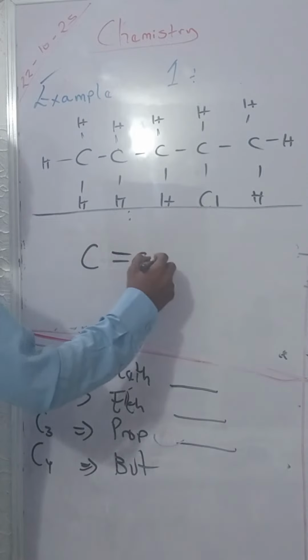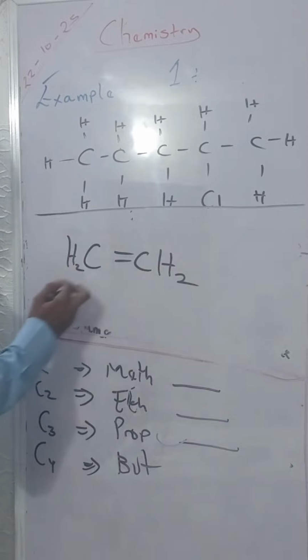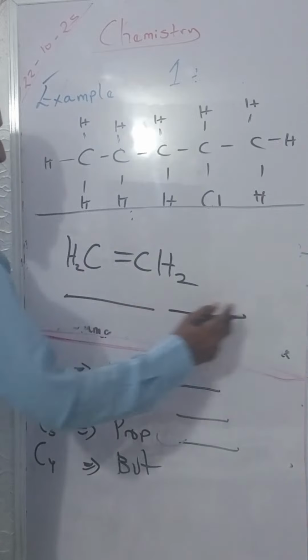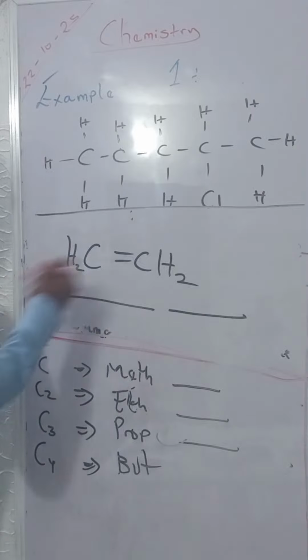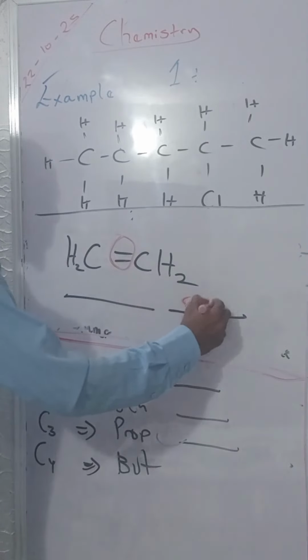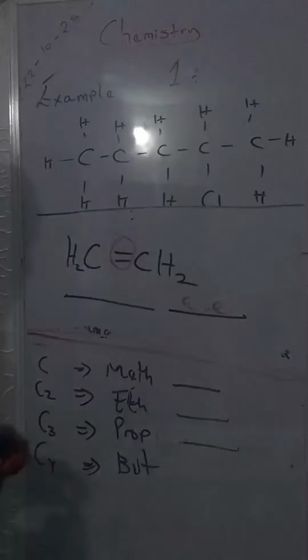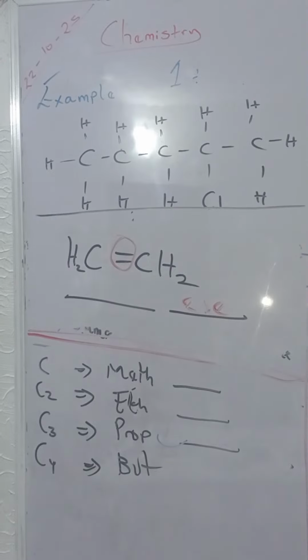Let's try this one: C2H4. From this one, how many carbon atoms? 2. What's 2? Eth. The functional group here is the double bond, which is ene.